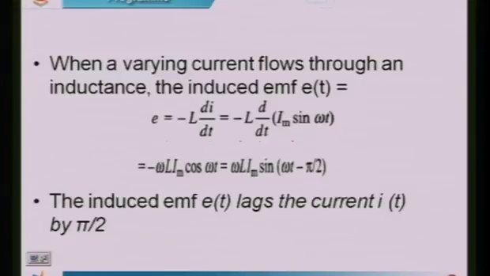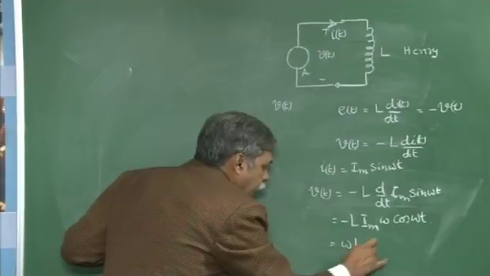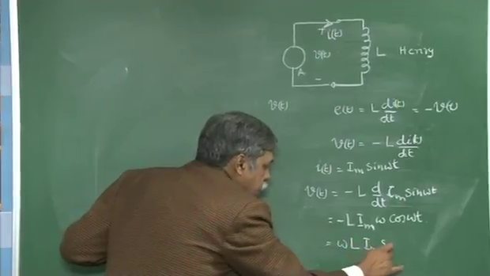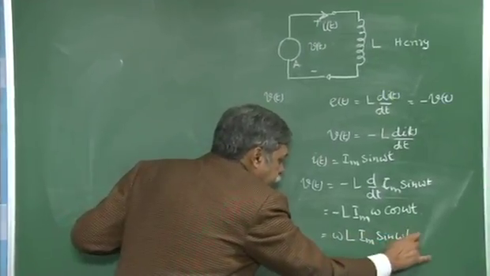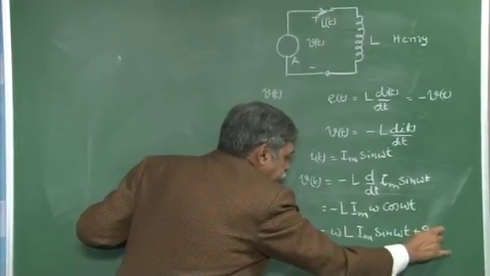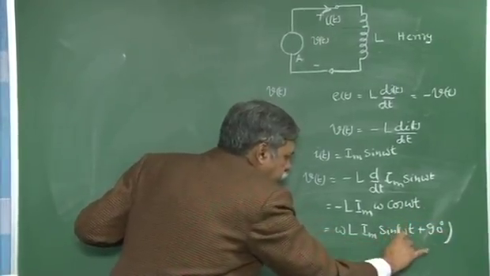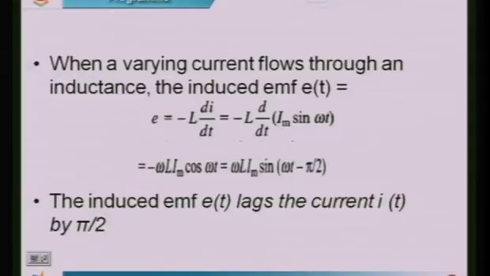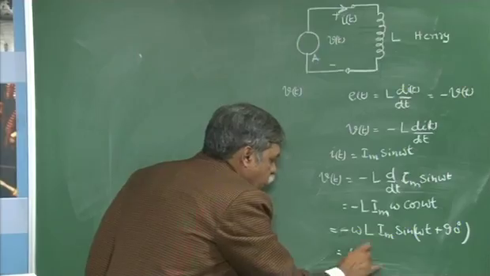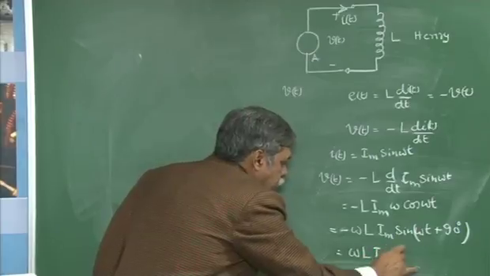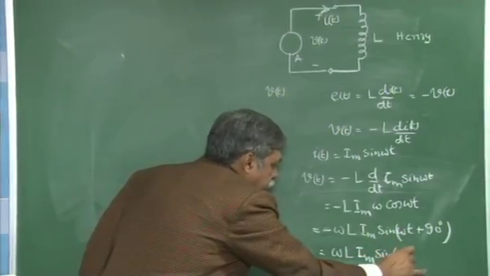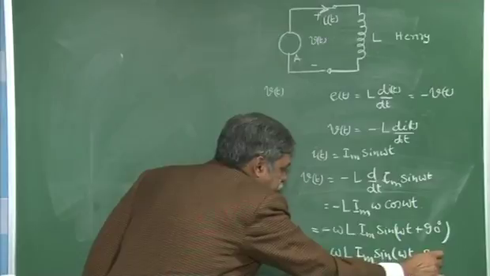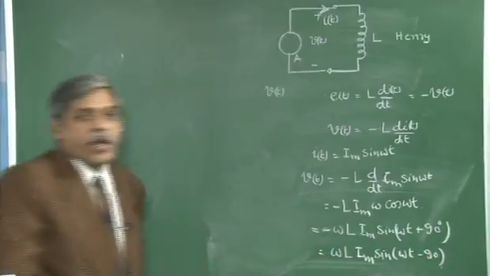I can also write this equation as omega L Im sin of omega t plus 90 degrees, since cos omega t in terms of sin can be written like this. Of course I have a minus sign here, so if I remove the minus sign I can write it as omega L Im sin of omega t minus 90 degrees.